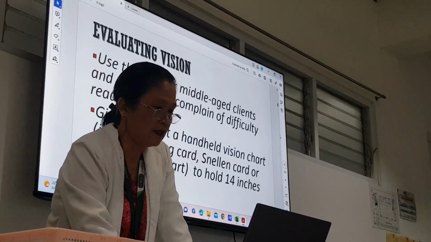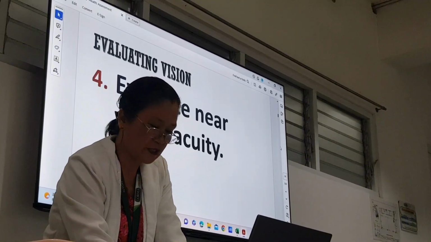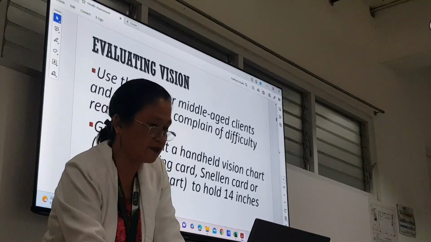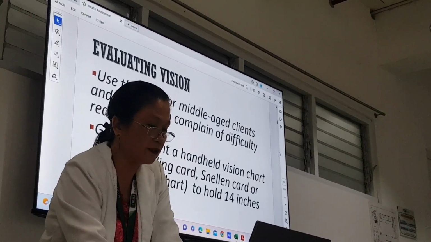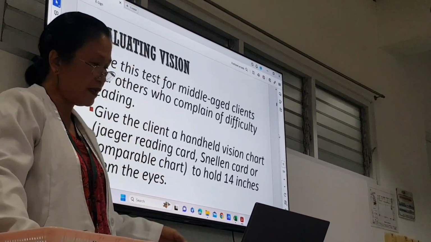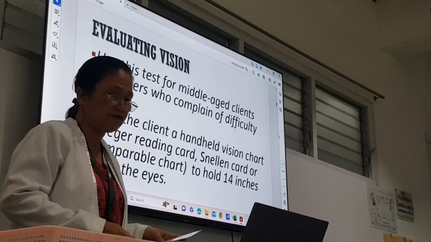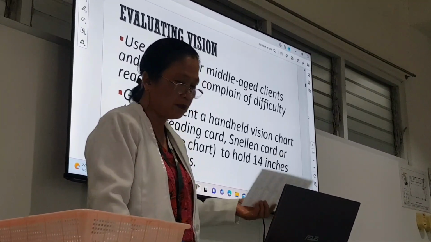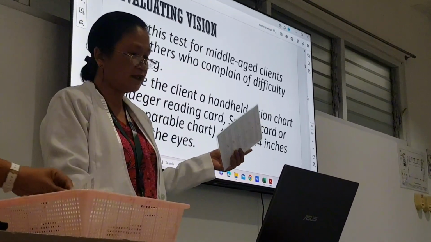So, this evaluate near visual acuity, use this test for middle-aged clients and others who complain of difficulty reading. So this one, I have give the client a handheld vision chart or your Jaeger reading card, Snellen card, or comparable chart to hold 14 inches from the eye.